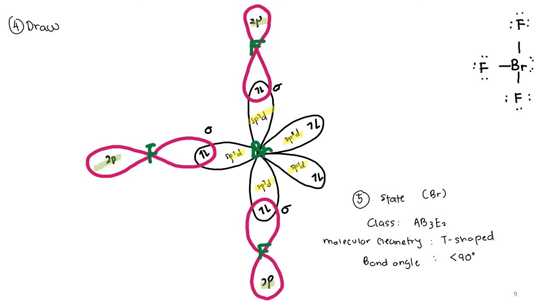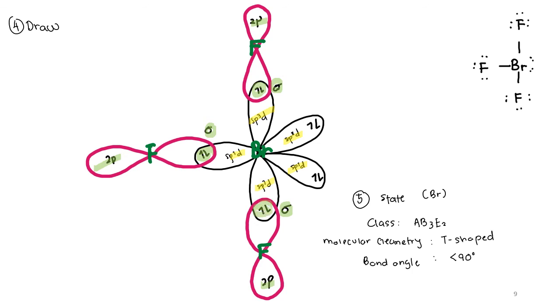And don't forget to label the sigma bond. Make sure you label them right next to the overlapping of the sigma bond.